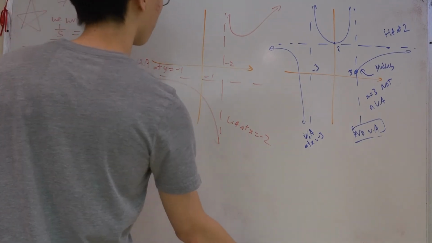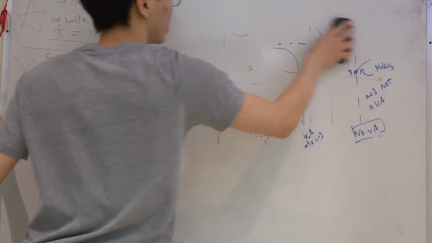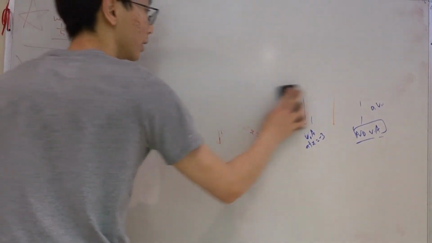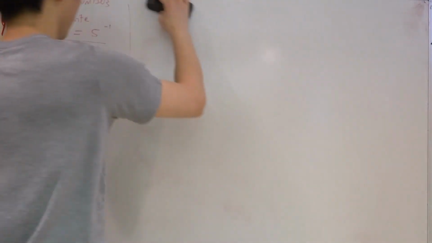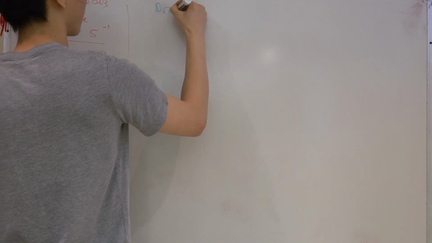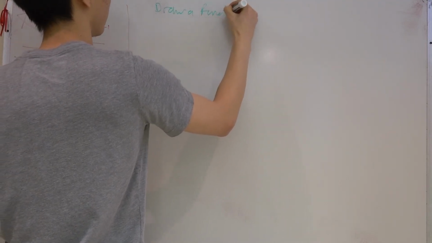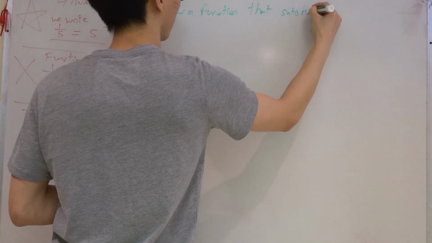Okay. So now let's do example type 2, which is to draw a graph with certain properties. Okay. And here's where you have to be a little more creative with your work. So for example, I want you to draw a function that satisfies the following. Okay?